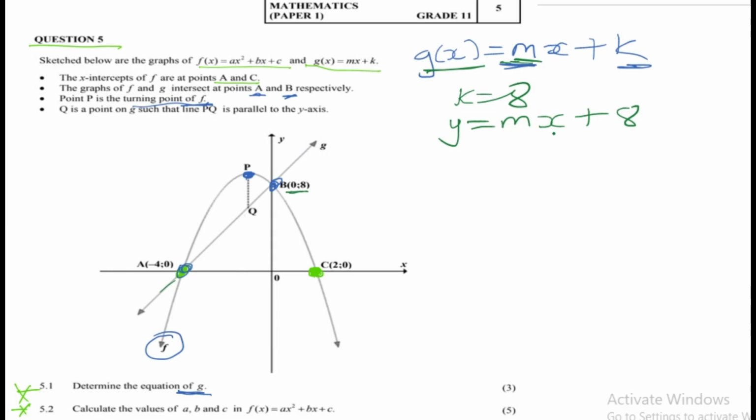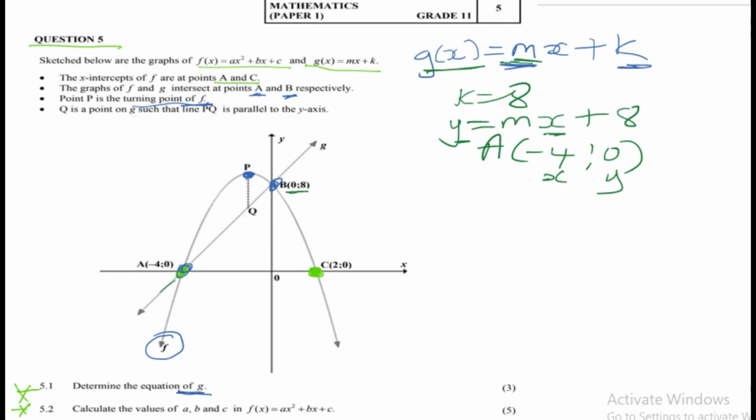So now I'm having x and I'm having y. This is a point. So you just need to take one point, you do substitution, and then you find the value of m. In this case, let us take point A. Point A is given by (-4, 0). So that is the value of x, that is the value of y.